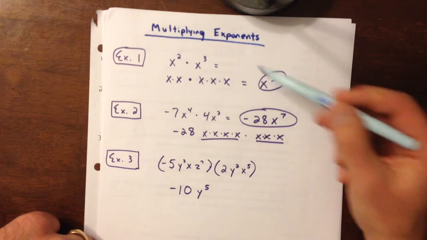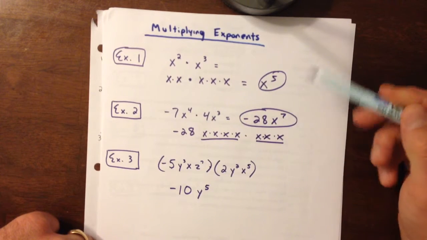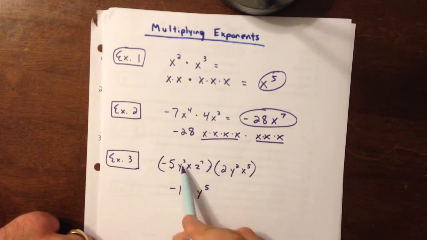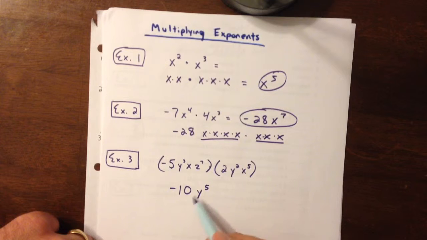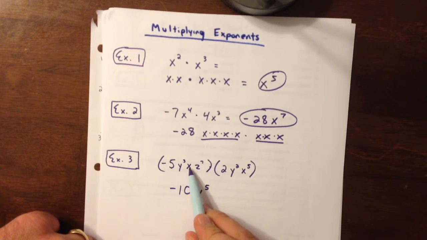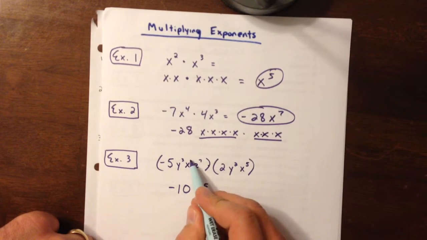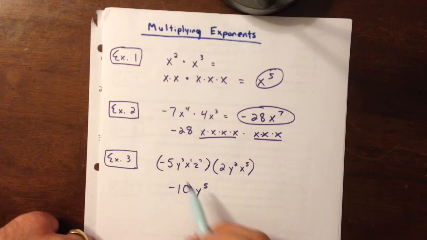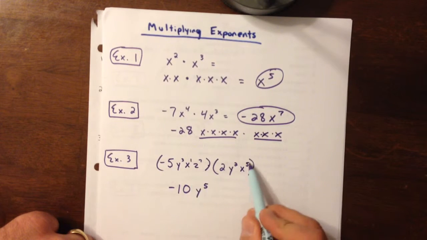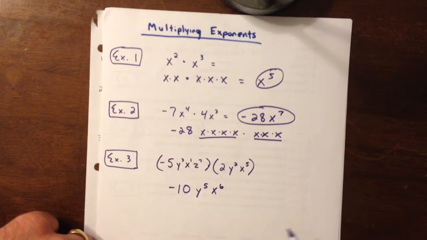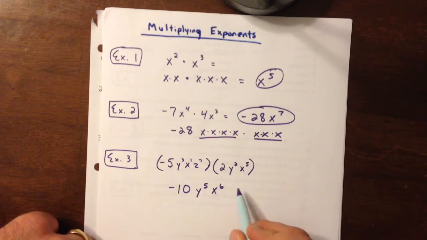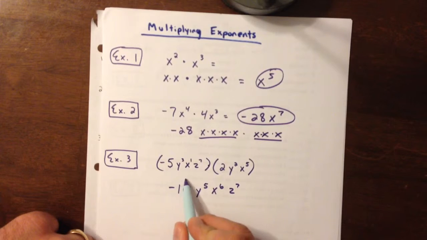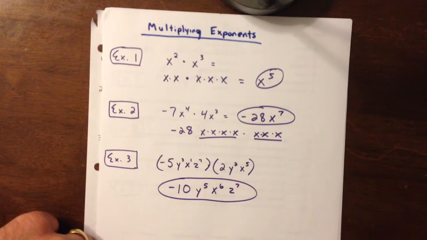So you do this enough times where you expand it out, you see the pattern is that I can just add the two exponents, because I have 3 y's here, I have 2 y's there, so I have 5 altogether. Now x by itself, there's a 1 there, you just don't write x to the first. 1x and 5 x's make 6 x's, and then the z to the 7th doesn't have anything to multiply by, so I just rewrite that, and that's my final answer.